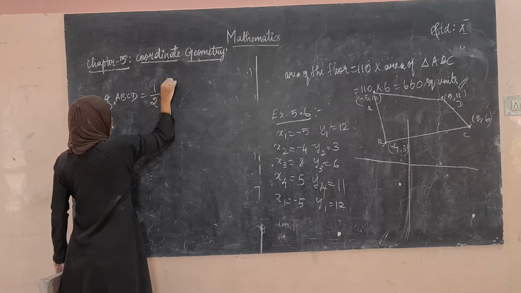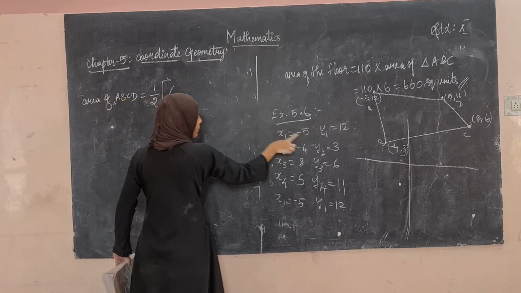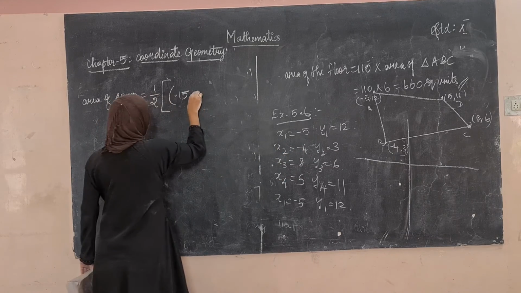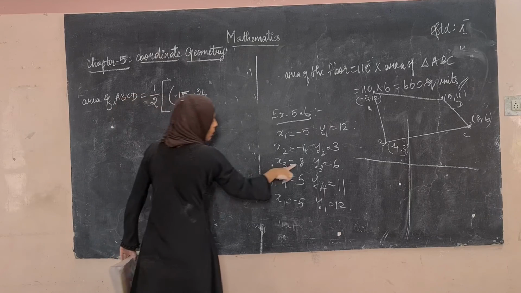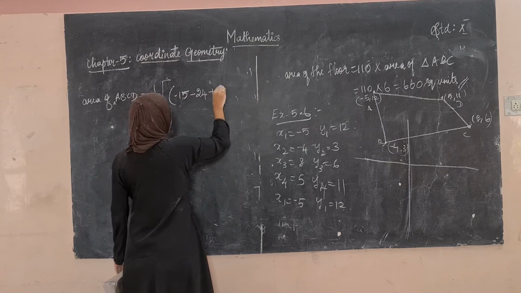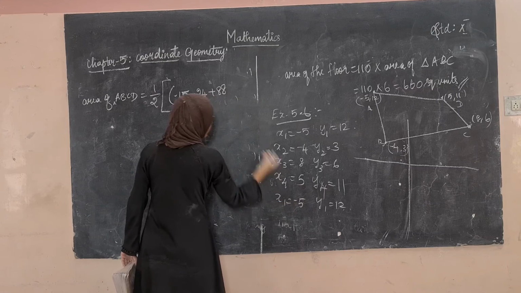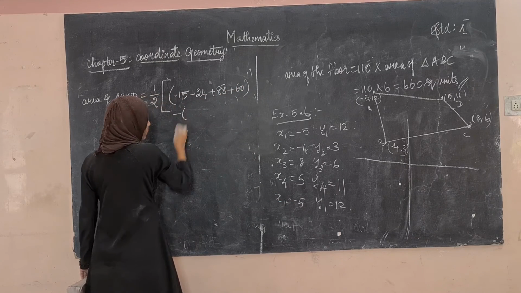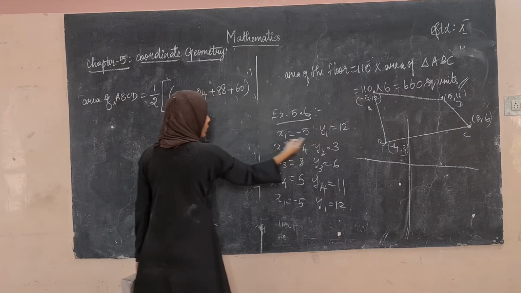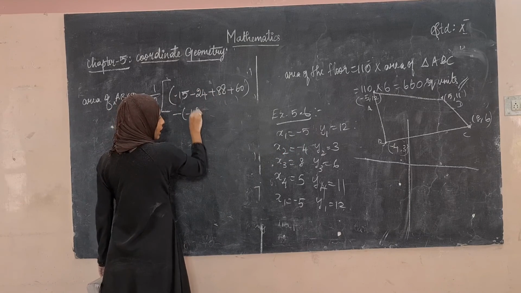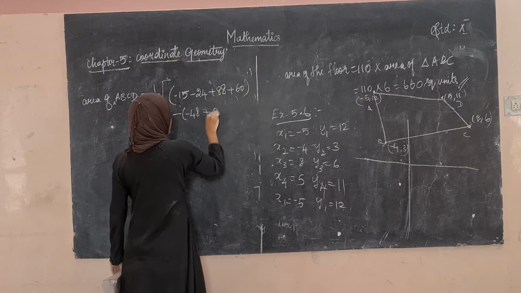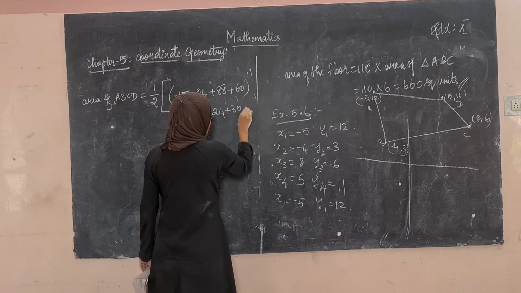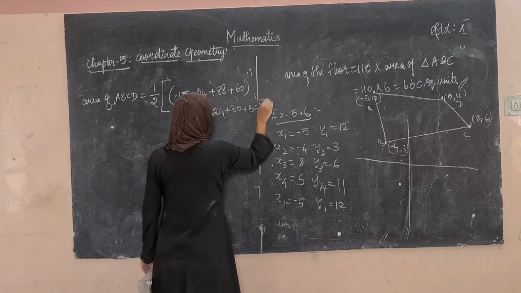1 by 2 into minus 5 into 3 is minus 15, minus 4 into 6 is minus 24, 8 into 11 is plus 88, 5 into 12 is 60, minus of, what is this one? Minus 4 into 12 is minus 48, 8 into 3 is 24, 5 into 6 is 30 plus 55.